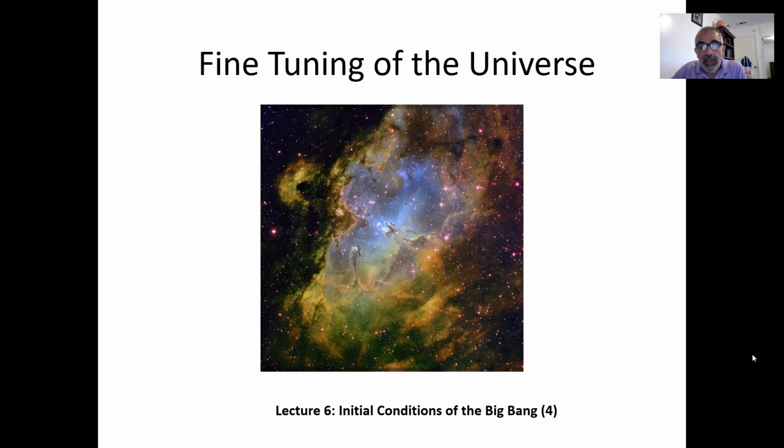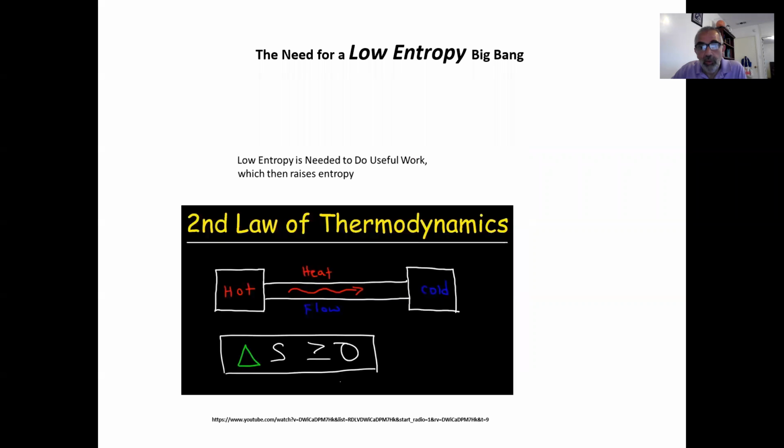Well, the last condition we want to talk about regarding the Big Bang is the need for a low entropy Big Bang. This is actually one of the most stringent conditions. And to understand this, we have to talk a little bit about the concept of entropy. It is one of the most important concepts in physics and one of really the most difficult to define.